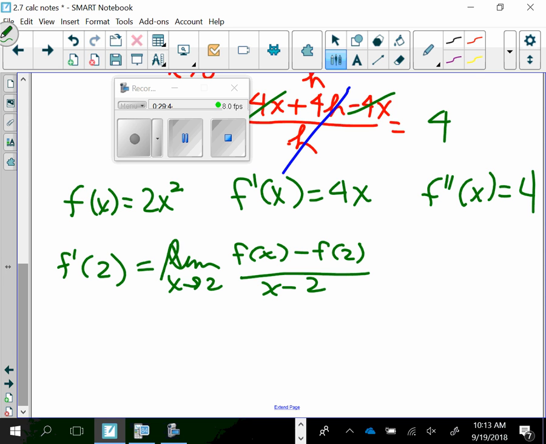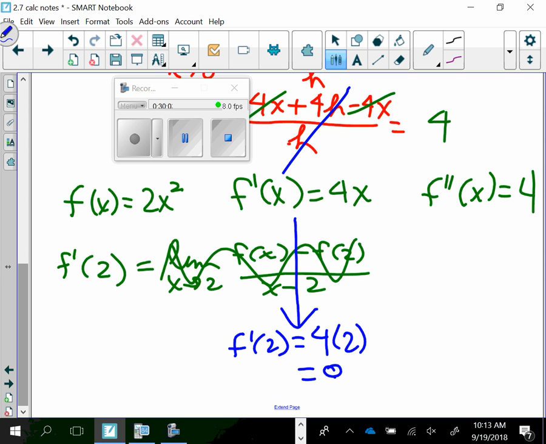What are we going to do instead, Sophia? Plug what in? Yes. You're going to take this, and you're going to say if f prime of x is 4x, then f prime of 2 just says plug 2 in for that x, and that is 8.